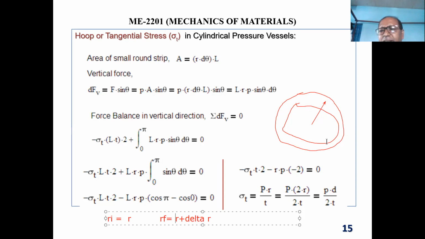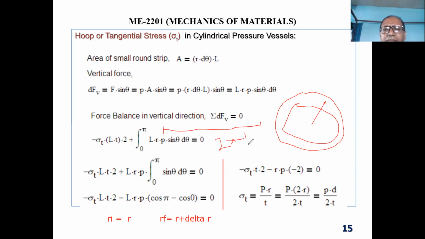So when the radius increases, what happens? The peripheral length of the cylinder is increased. Peripheral length means this much length is increased. So how much is this length? 2 pi r. If you cut it right over here and make it straight on both sides, then you will get length 2 pi r. So what will be the initial length? 2 pi r.